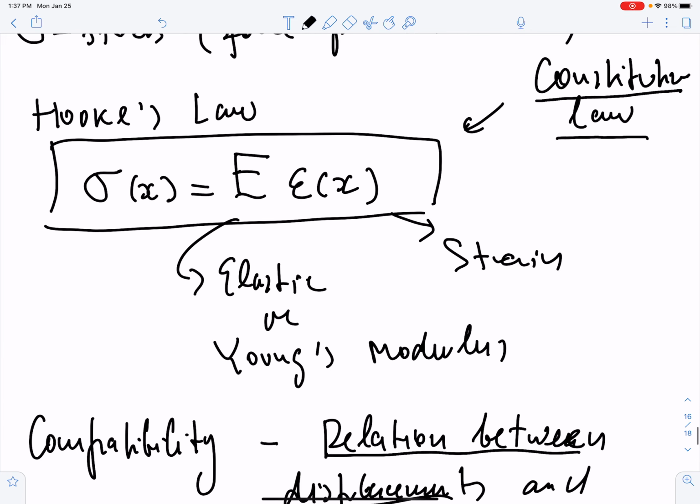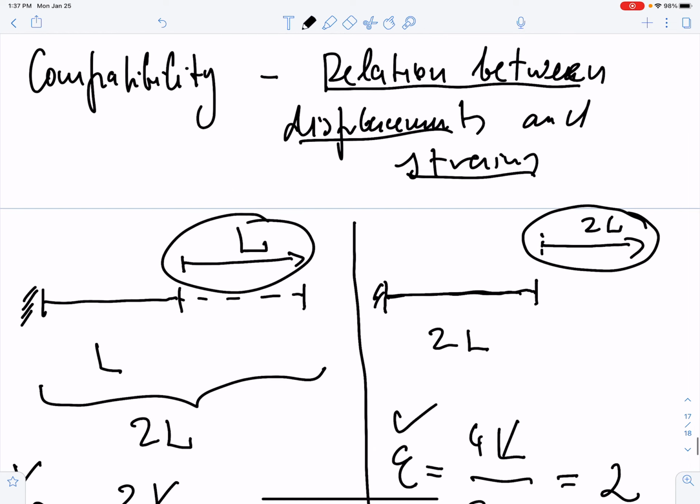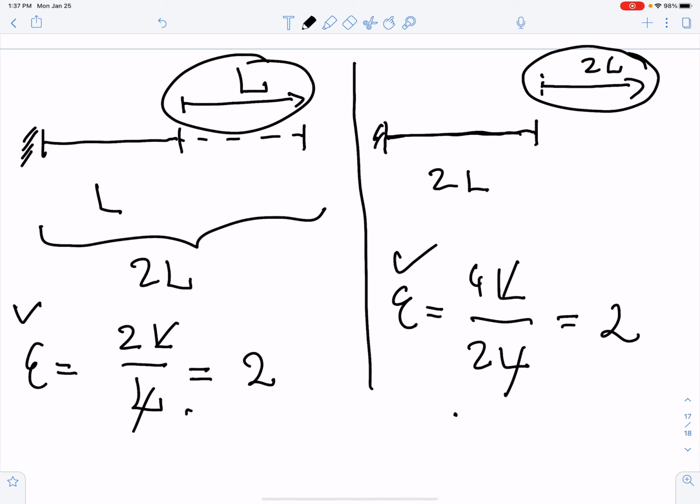Because in that case, if the bar is made of the same material, and just for the sake of argument say Hooke's law applies, because the strain here and here is the same, the stresses here and here will be the same. However, it takes a different amount of displacement to get the same stress, which relates to the fact that the size of the original bars are different.